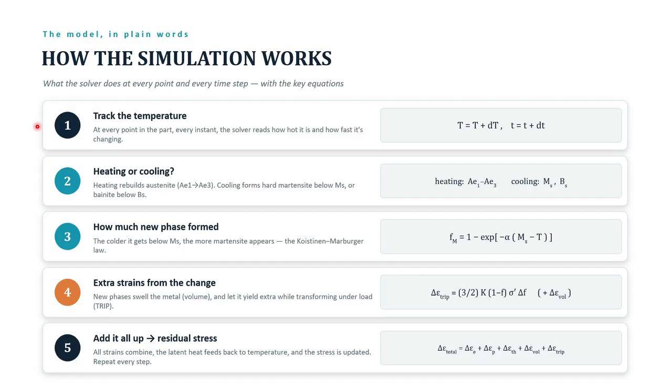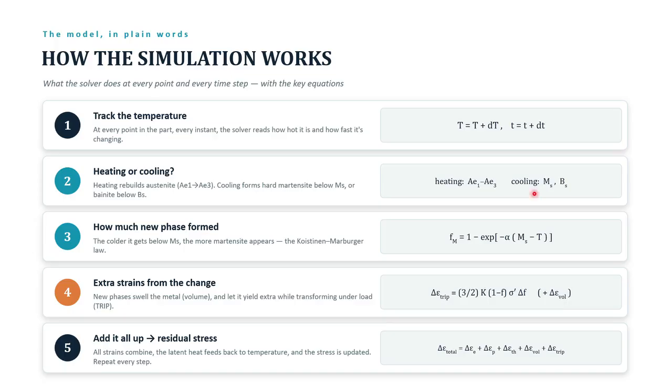Now let me explain the model in simple steps. Firstly, the solver reads the temperature at every point, at every moment. Secondly, it checks: are we heating or cooling? Heating brings back austenite, cooling makes martensite or bainite. Then it calculates how much new phase has formed.